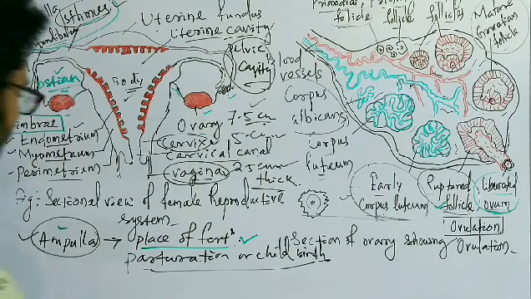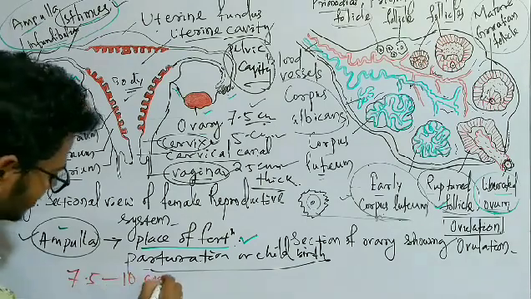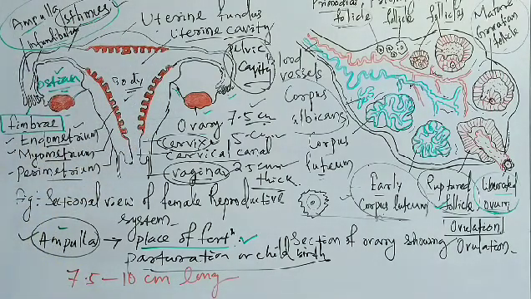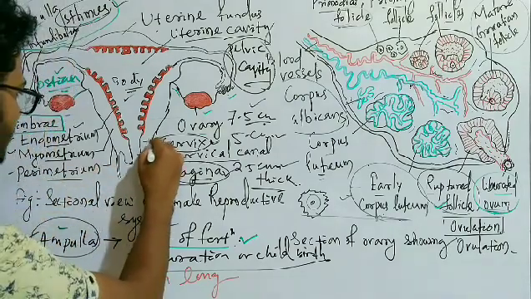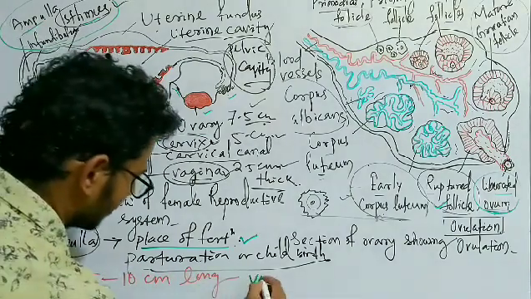Okay, so it is lined with stratified squamous epithelial cells. It measures about 7.5 to 10 centimeter in length, and runs from the cervix region to the outer genital structures that we call the vulva.